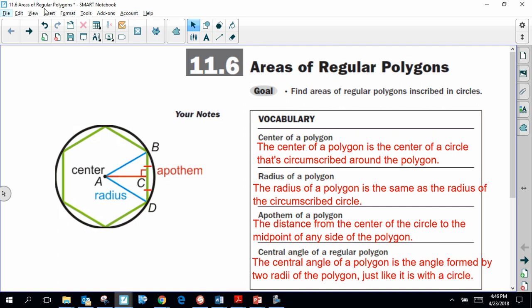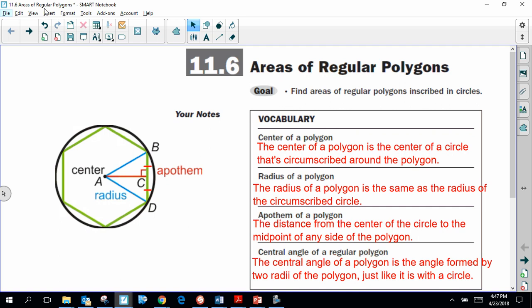Now, irregular polygons can generally be broken up into more basic shapes like parallelograms or squares or triangles and such, but regular polygons have a particular formula for how they are worked, just like a triangle has a particular area formula and parallelograms have a particular area formula. Polygons also have an area formula associated with them.